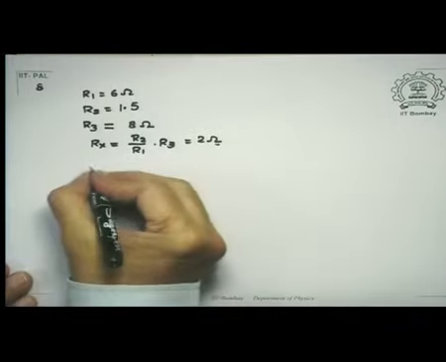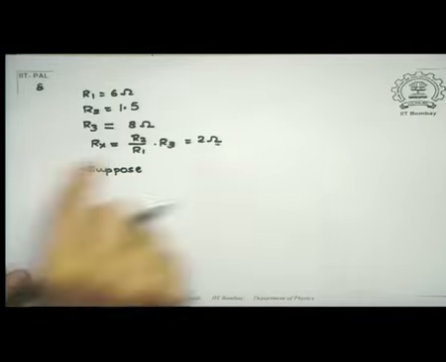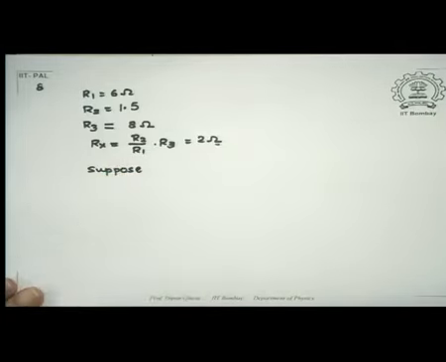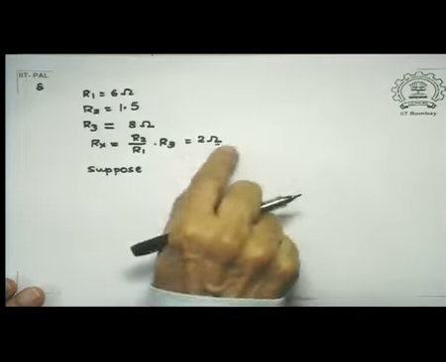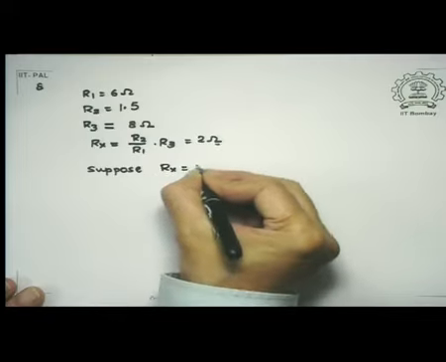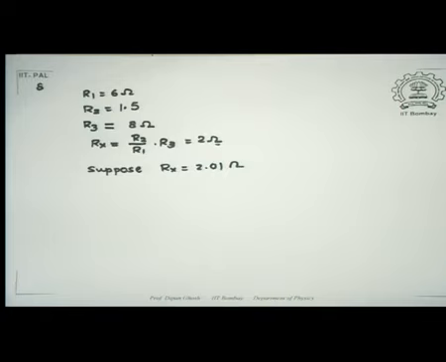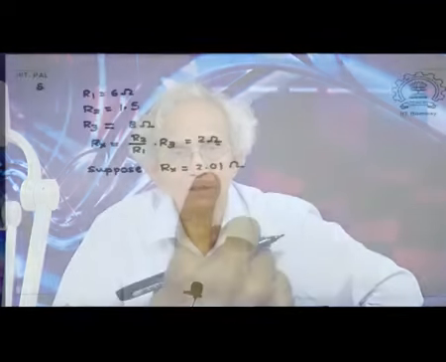But suppose my Rx is slightly different. Supposing Rx is, let us say, 2.01. You can use the same circuit, but you will now find that there will be a current passing through the ammeter. It will be small because my deviation here is small.